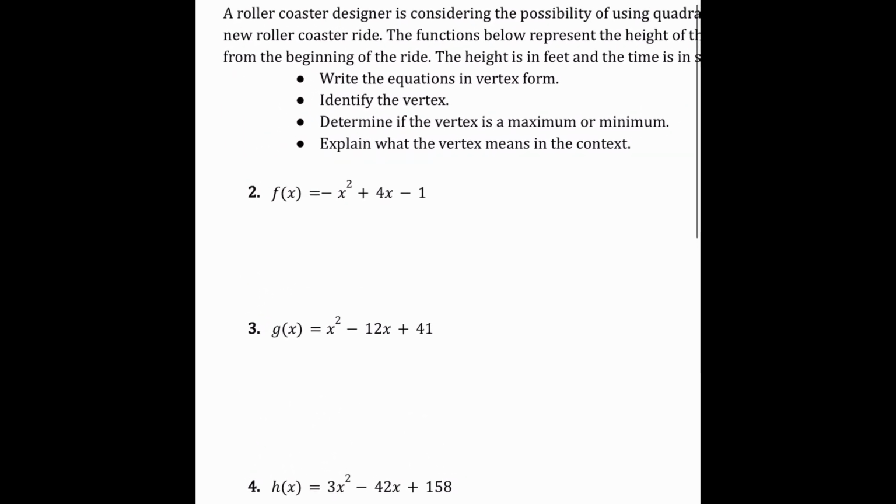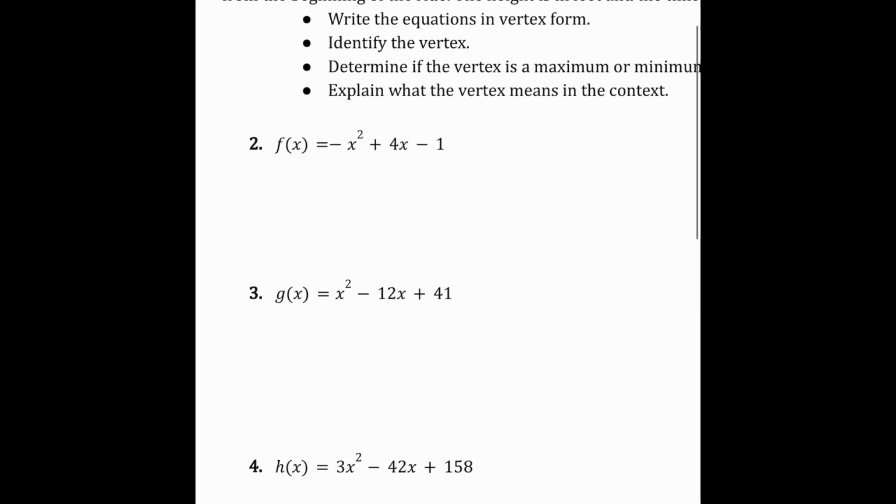Okay, starting with number 1, these are all in standard form. I want to go to vertex form. In order to go to vertex form, I'm going to take my equation. I know that I have a and b, but I need to factor out a 1, so I'm going to divide these two by negative 1. When I factor out a negative 1, I get x squared minus 4x plus the unknown, minus 1.